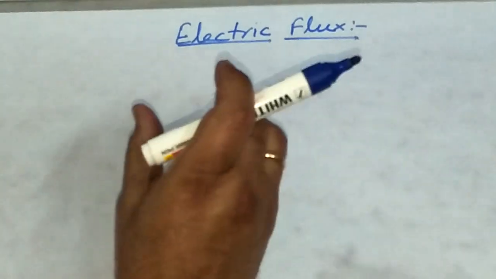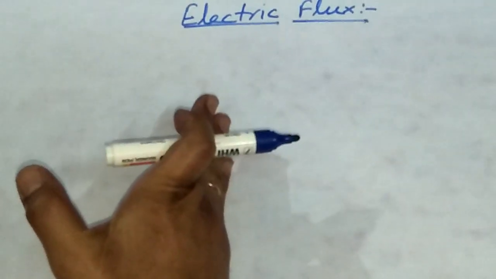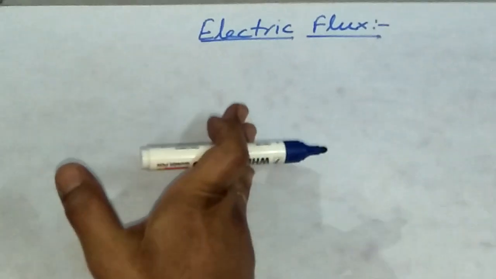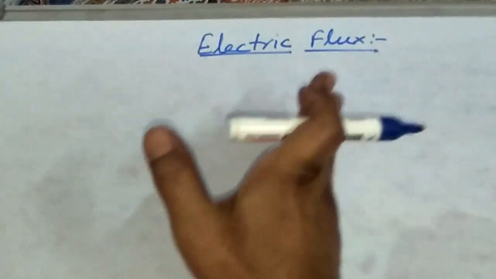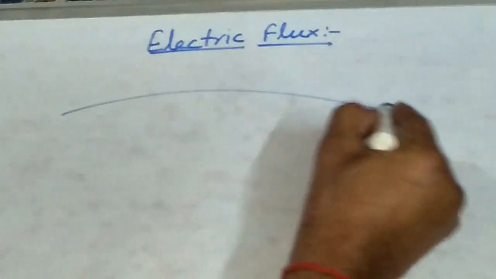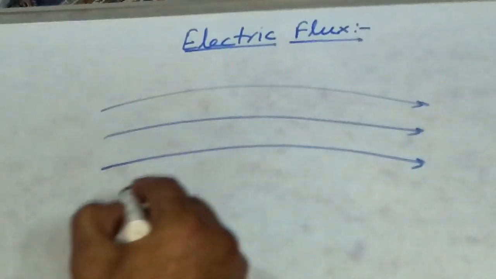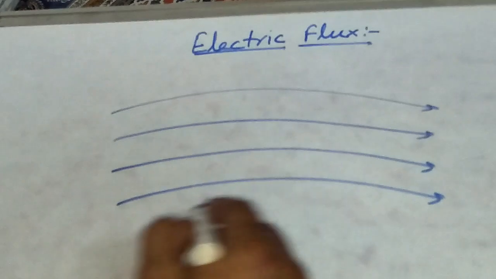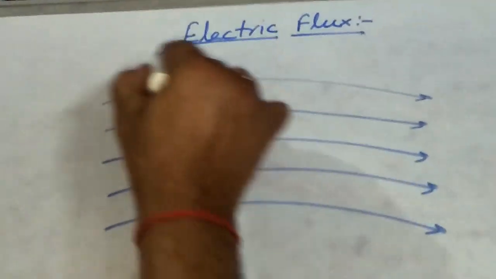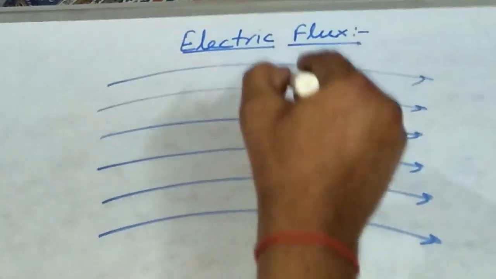Electric flux is the measure of electric lines of force passing through a surface held in an electric field. Suppose this is the electric field, and these are electric lines of force which lie in the electric field, and a surface is held in it.